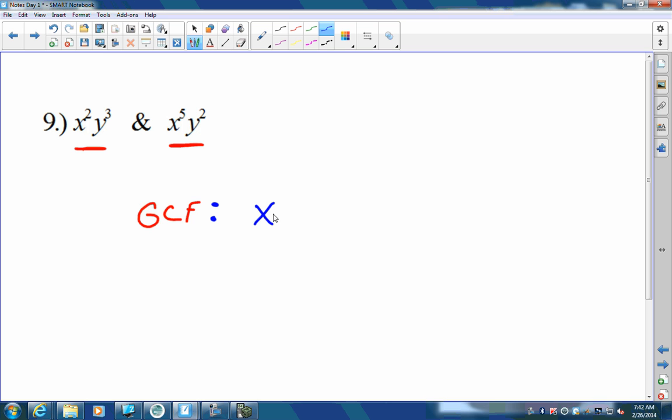What is my lowest exponent out of those two on the x's? X to the second power. Then you look and see, is there a y in common in both of these? Yes, there's a y here and a y here. So that means my GCF, I'm going to have a y. What is my smallest exponent? A 2. This is my GCF.